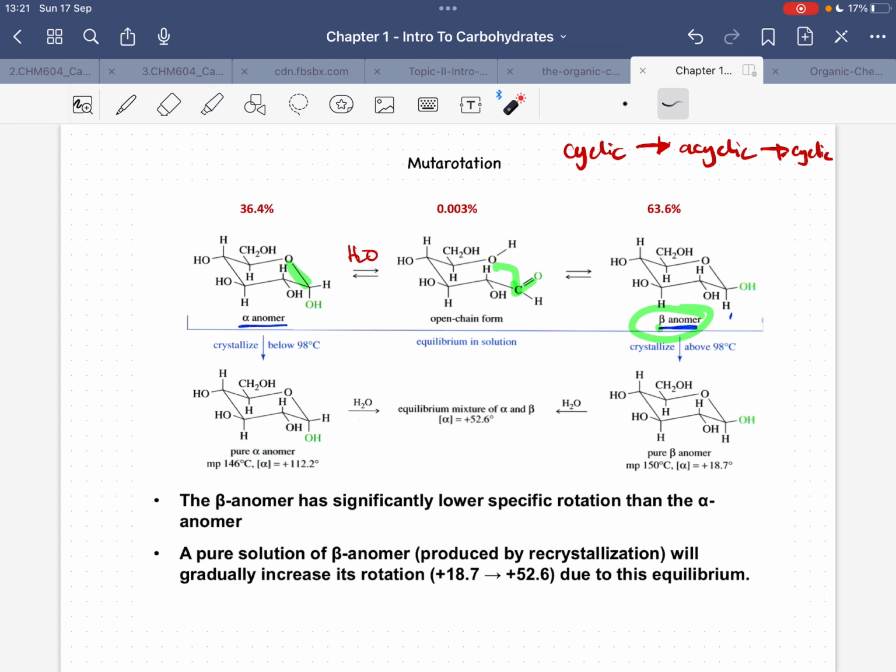Okay. For example, if you have a pure anomer and you subject it to a polarimeter, its specific optical rotation is 112.2 degrees. If you dissolve it in water, it will be in open chain first and then cyclize again to generate the pure beta anomer.